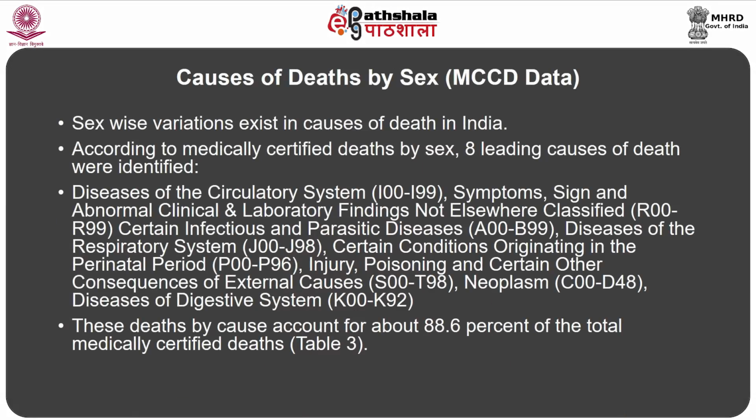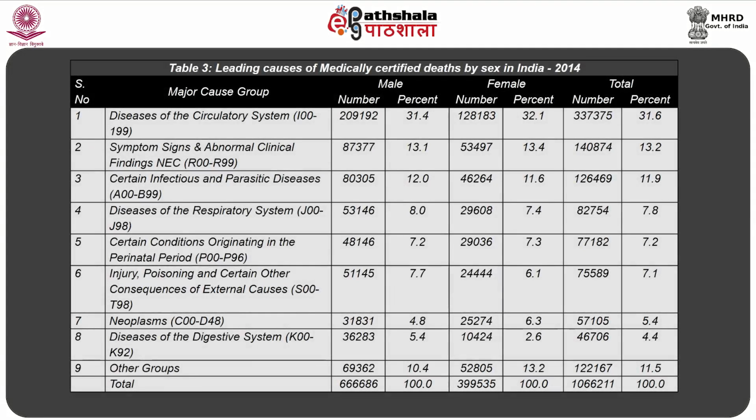Causes of death by sex, MCCD data. Sex-wise variations exist in causes of death in India. Medically certified deaths by sex reveal that diseases of the circulatory system, I00-I99; symptoms, signs and abnormal clinical and laboratory findings not elsewhere classified, R00-R99; certain infectious and parasitic diseases, A00-B99; diseases of the respiratory system, J00-J98; certain conditions originating in the perinatal period, P00-P96; injuries, poisoning and certain other consequences of external causes, S00-T98; neoplasms, C00-D48; and diseases of the digestive system, K00-K92, are identified as the 8th leading cause of death.